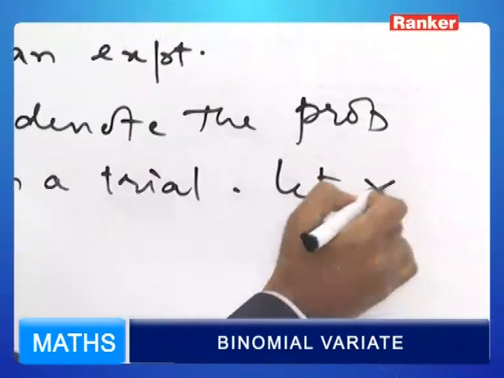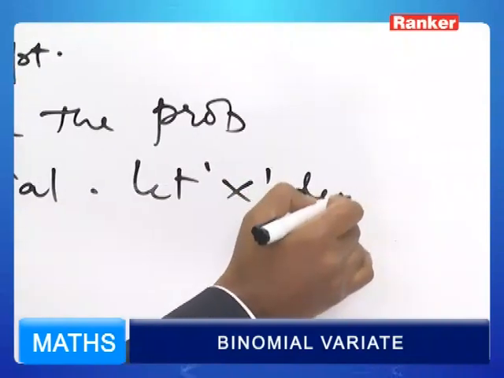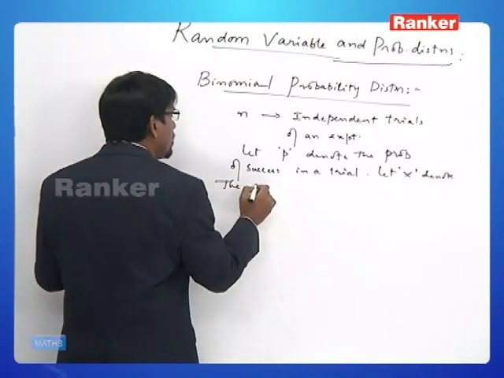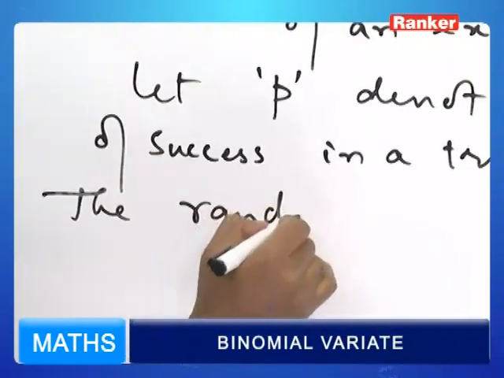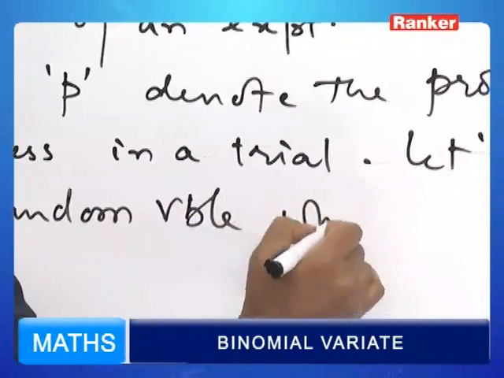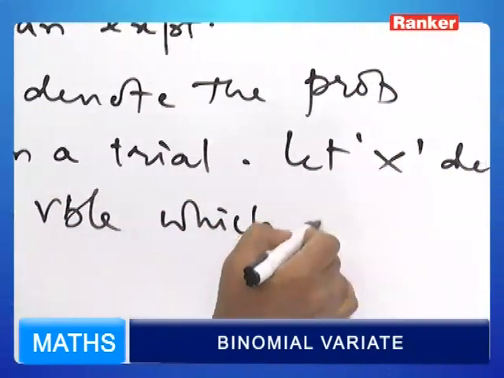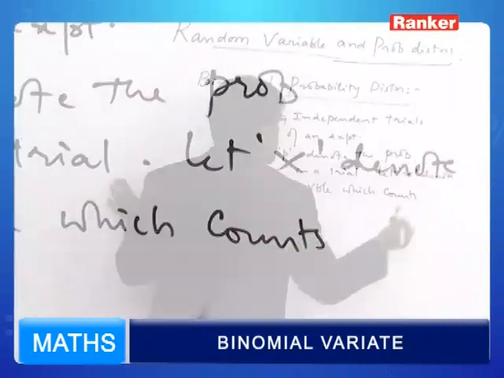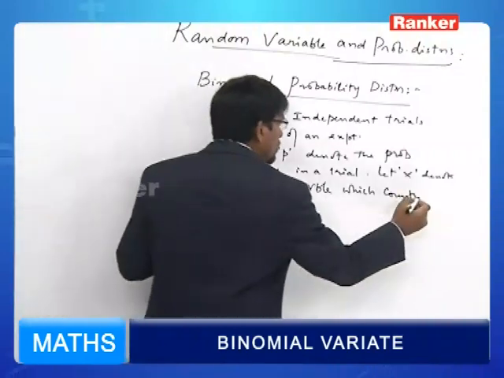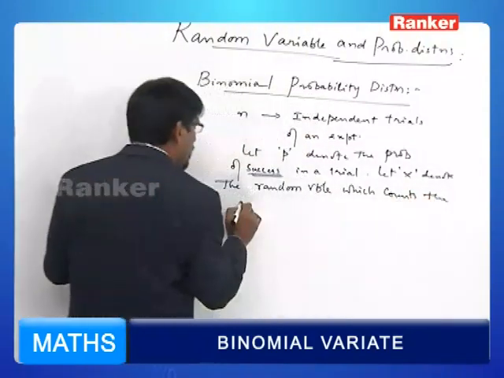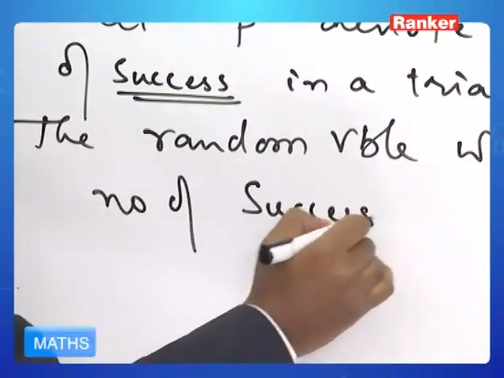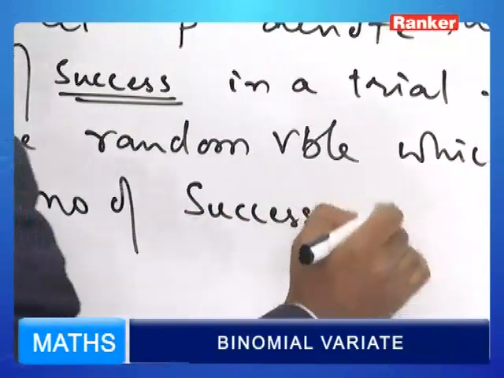Let capital X denote the random variable which counts the number of successes out of n trials.